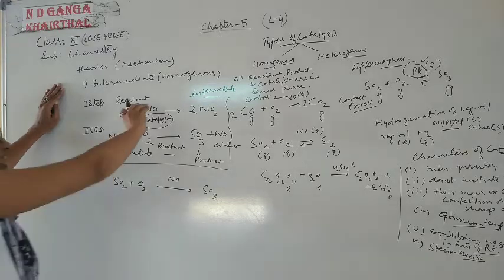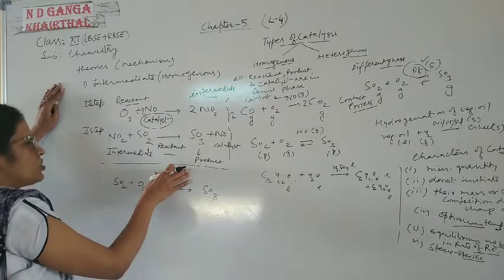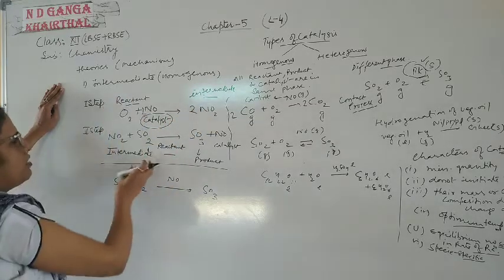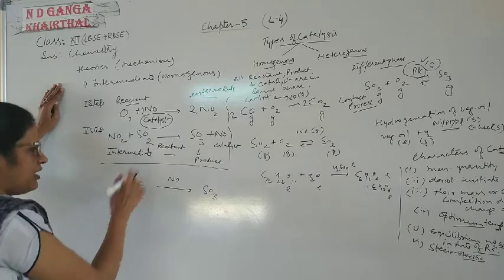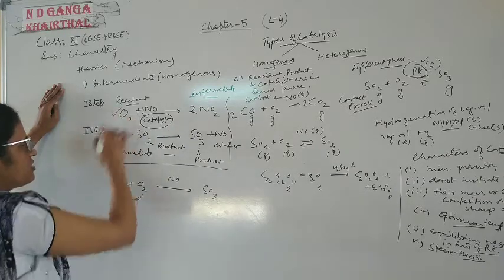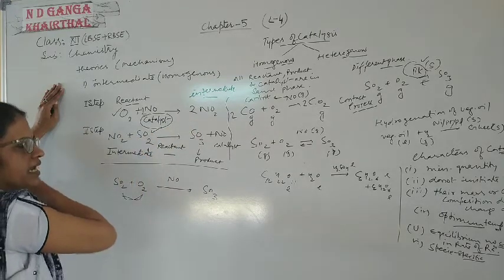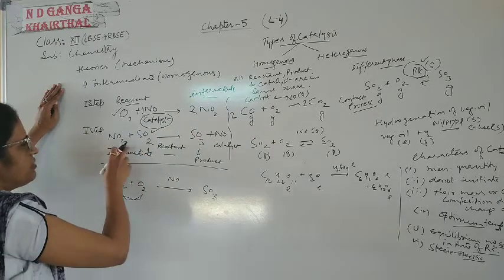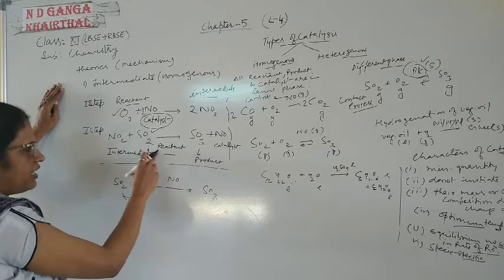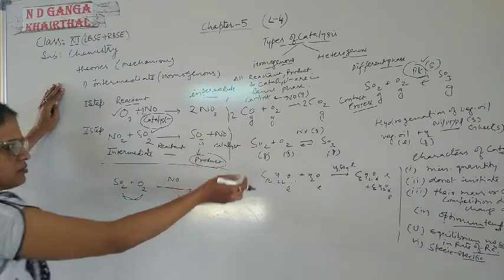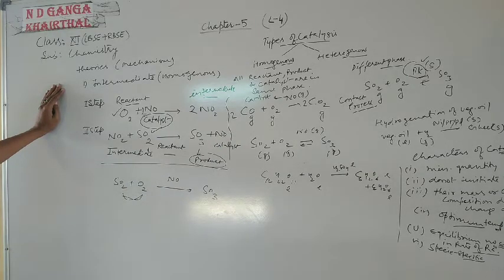Means the catalyst present in a reaction forms an intermediate with one reactant, and this intermediate reacts with another reactant. So both are reactants: first reactant, second reactant. So the catalyst forms an intermediate, and this intermediate on reacting with another reactant forms a product and is removed as a catalyst.